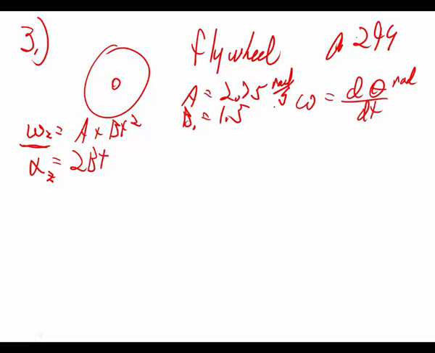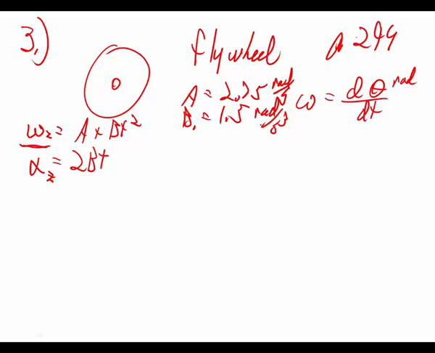Because what is angular velocity? Radians per second. And then how do I cancel it out and get radians per second in my answer? It has to be radians per second cubed, because seconds squared cancels it out and leaves behind a second, and then we have the answer in radians per second.